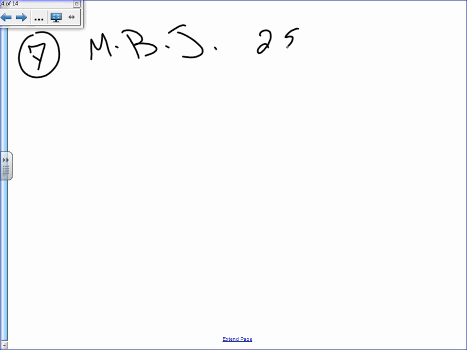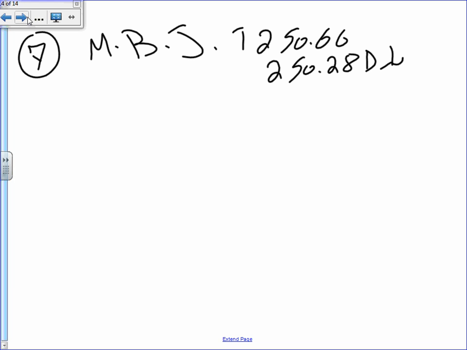Number 7, the main bonding jumper. This is 250.66 table and 250.28. 28(A) I think, or (D)(1). We just saw it.